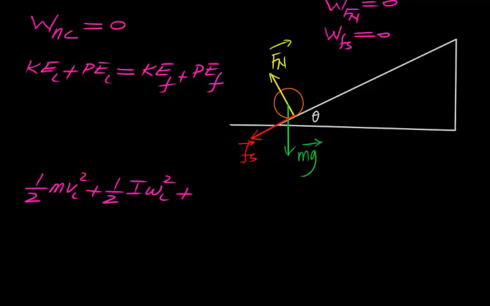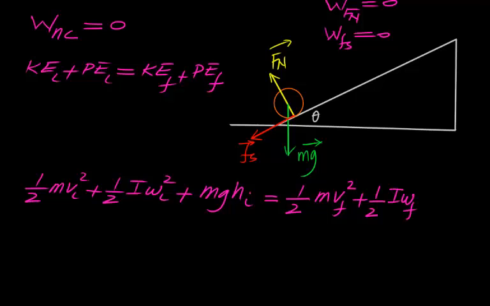The potential energy comes in one form only, which is the gravitational potential mgh initial, equals the kinetic final, which is 1/2 mv final squared plus the rotational part, which is 1/2 I omega final squared, plus the gravitational potential mgh final.